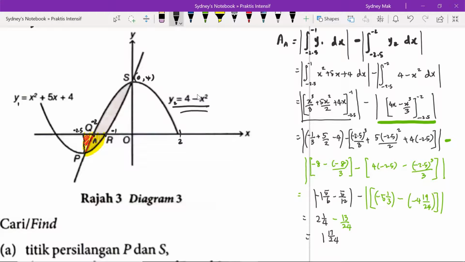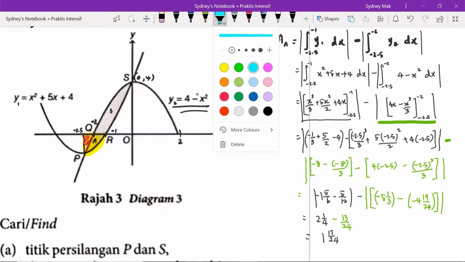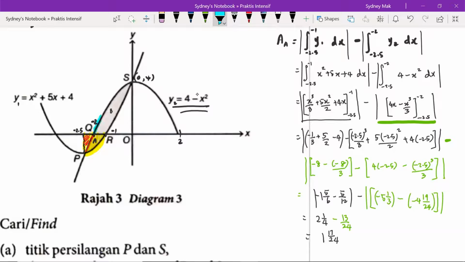Now, what about the area for B? Let's just change the color of the highlighter. If we integrate the sad face graph from -2 to 0, we will get the blue shaded region. But that is not what we want. So we have to take away the area under the smiling face graph, the red shaded region.